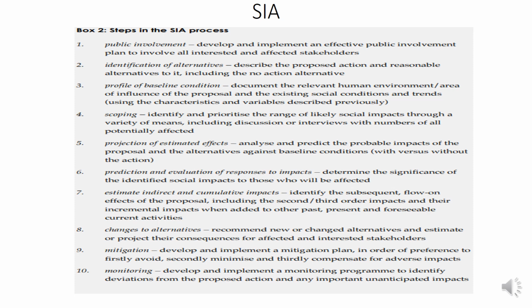Then you also need to identify alternatives. You are looking at different proposed actions, and maybe reasonable alternatives to the proposed actions. Sometimes this may also include the no action alternative. So once you look at the different alternatives, you identify the alternative that has the highest positive benefits to the community and to the people in the surrounding area.